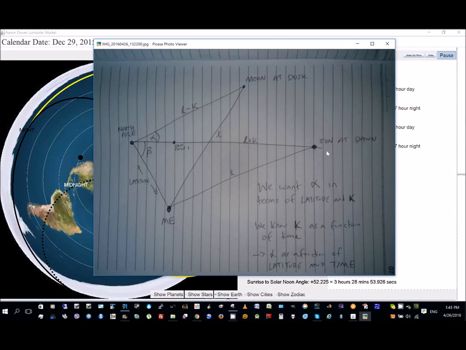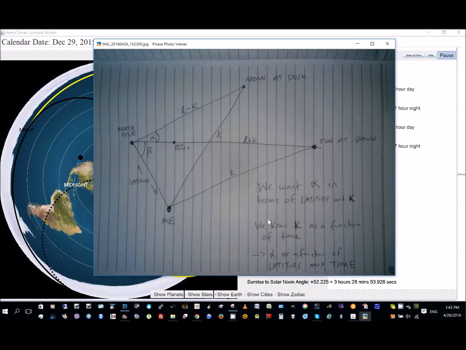We know how long it takes the Sun to travel that angle, because it travels 360 degrees in 24 hours, which means we can calculate directly from this angle how many hours it takes to get from dawn to dusk. So then we have the day length.